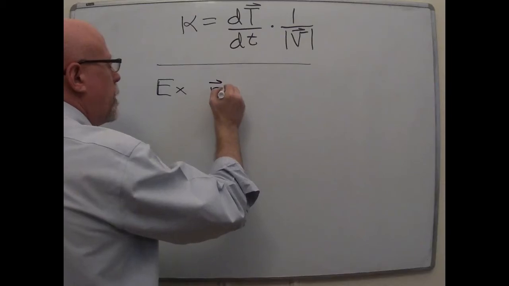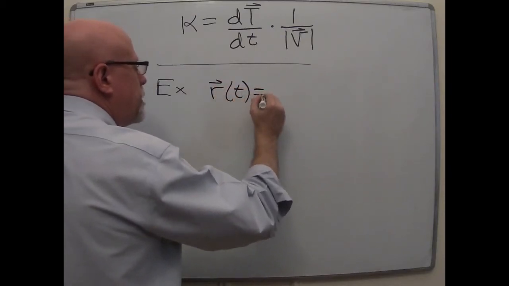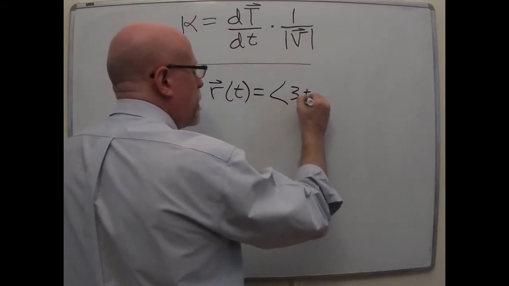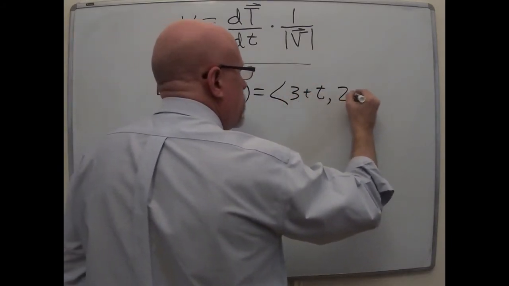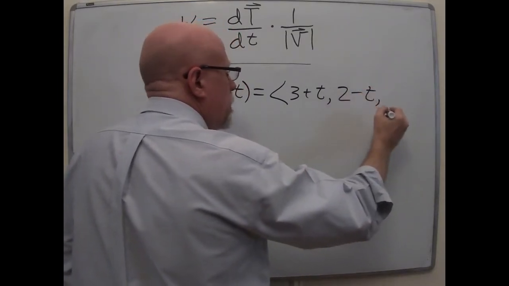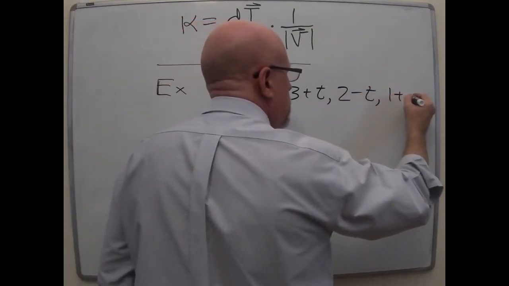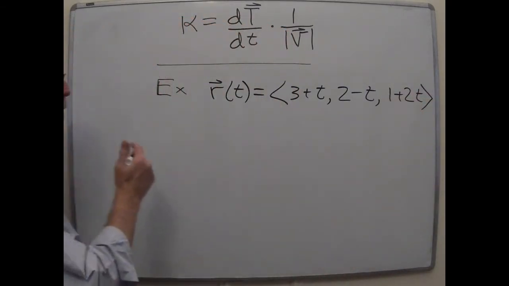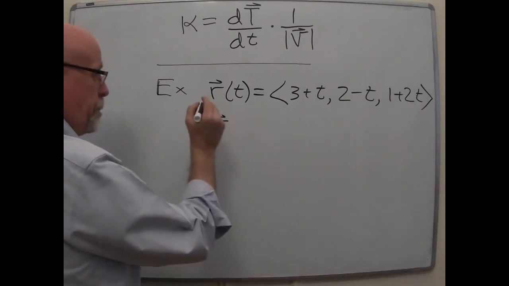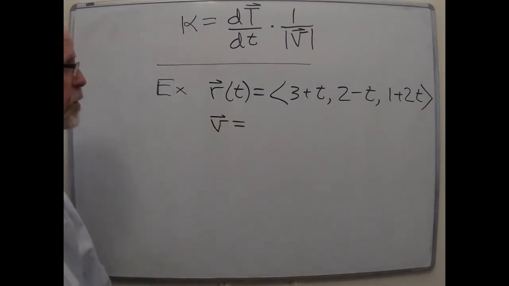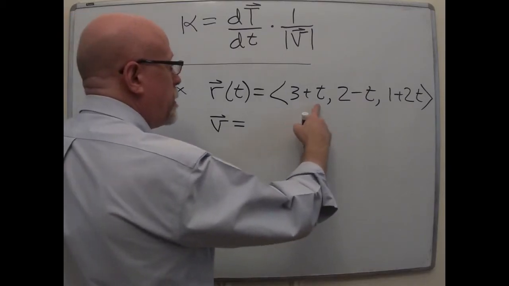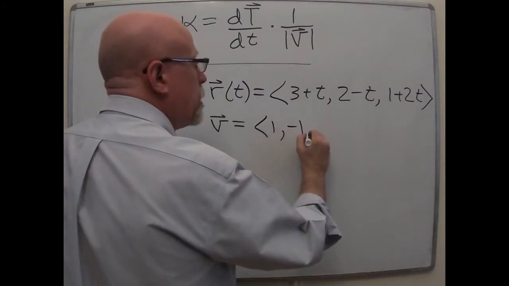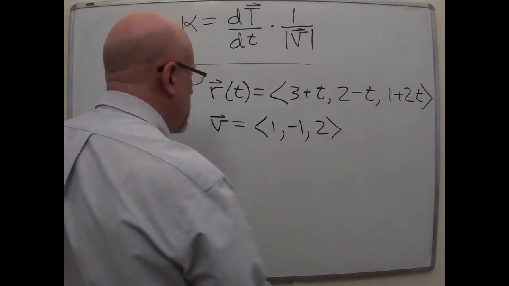The position vector will be something that consists of 3 linear expressions, like 3 plus t, 2 minus t, and 1 plus 2t. Just to make it interesting. So we can figure out the velocity vector as a function of time. It's going to be a 1 in the x position, a minus 1 in the y position, and a 2 in the z position.